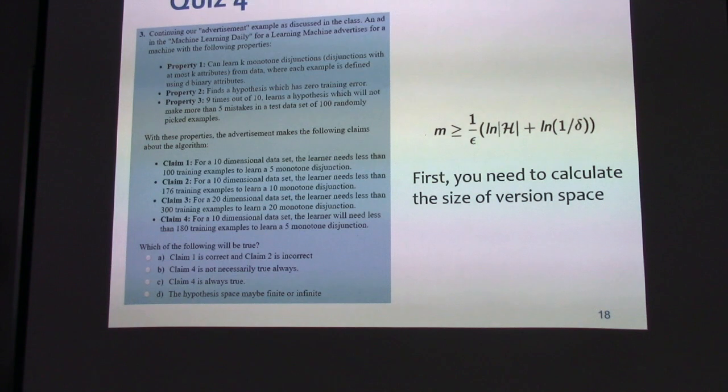No, it should be 2 if the dimension equals the number of the monotone disjunction. It means the size of the version space should be 2 to the power d, where d equals the dimension.